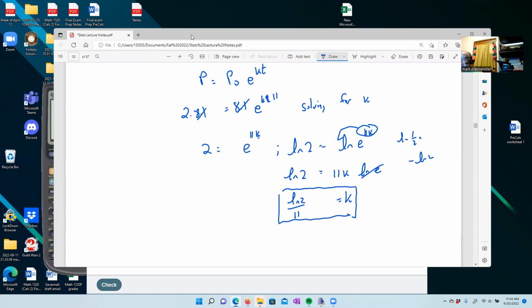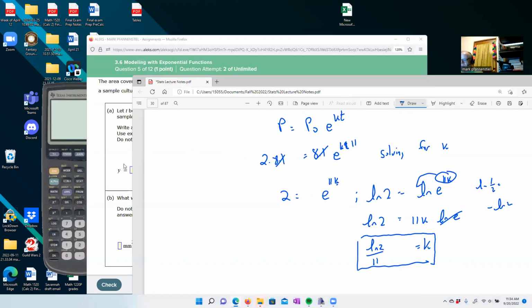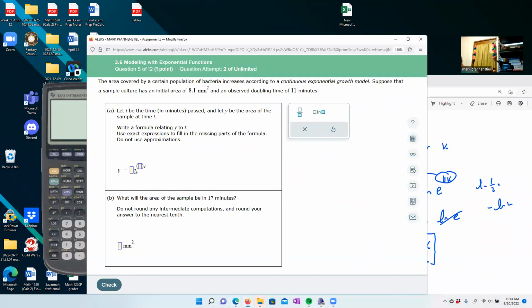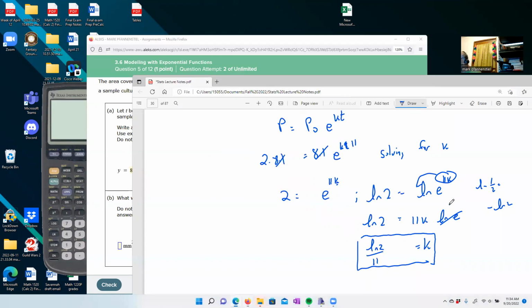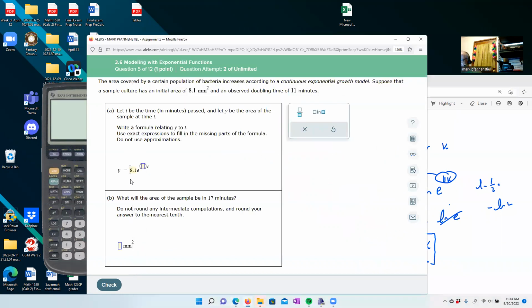Going back, y equals our initial amount, 8.1, times e to the, and don't approximate, they want one-eleventh times natural log of 2 times t. So I'm going to write in here the natural log of 2, divided by 11.